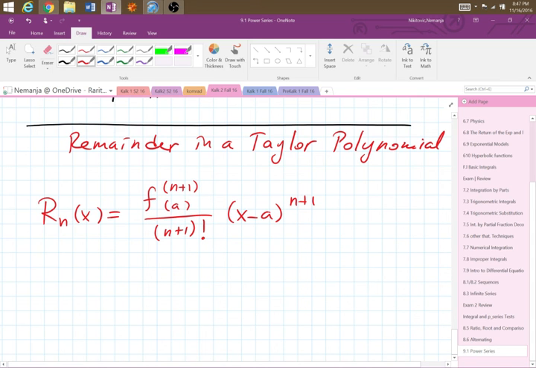So see, this plus 1 everywhere is just telling you that if you're using n terms for a Taylor polynomial, the n plus first term, the next term, is the one that contains most of the error. And that's it, right? So you are computing that.